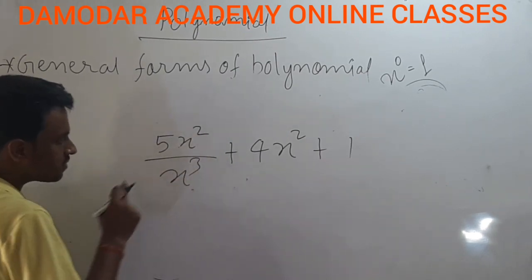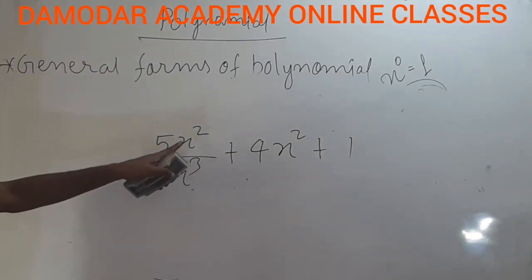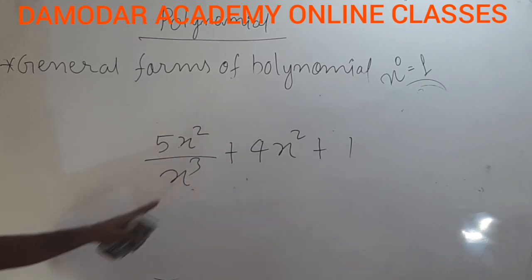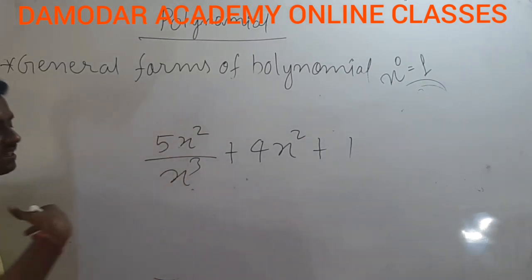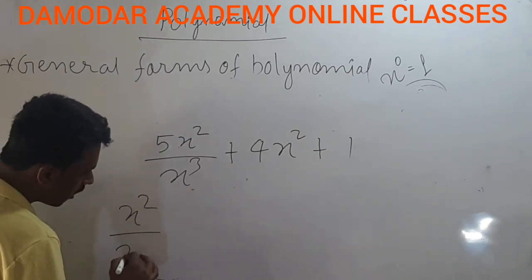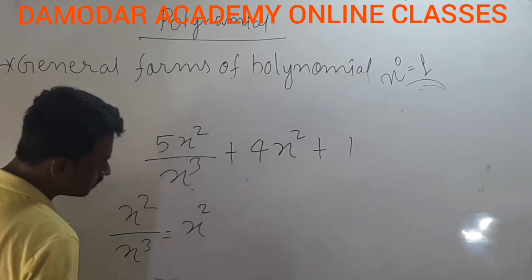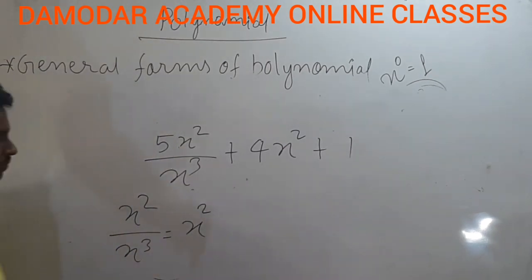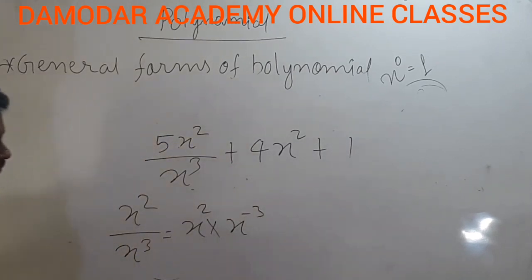In both the terms, the base is x, which means the base is the same. Okay? And this is in division. What can we write? x square upon x cube can be written in the form of x raised to power 2 into x raised to power minus 3.